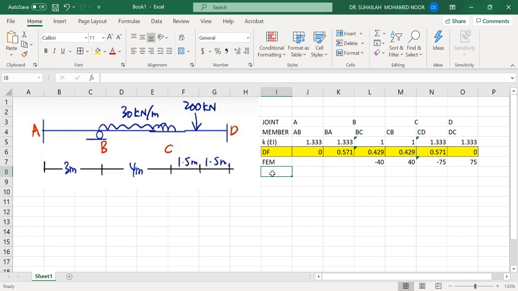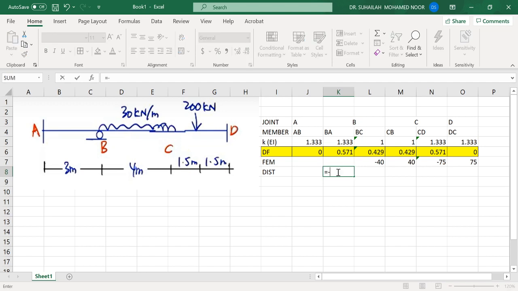Next we will start the distribution. We must remember that we start at distribution and we must also stop at distribution. When we distribute moment, we have to find the total moment at each joint times the distribution factor, and the total moment at the joint is opposite to the member end moment. So we start with the joint moment at B. We must put negative to represent opposite.